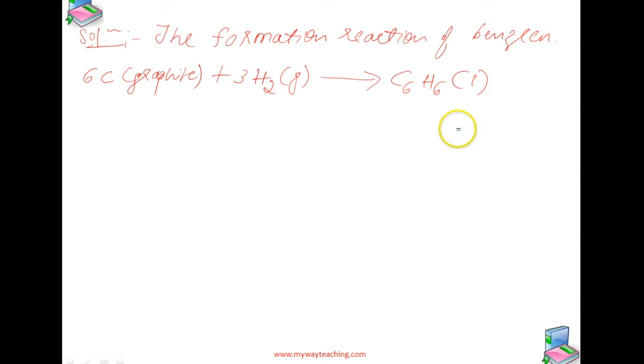The formation reaction of benzene is given by 6C, graphite, plus 3H2, which gives rise to C6H6.